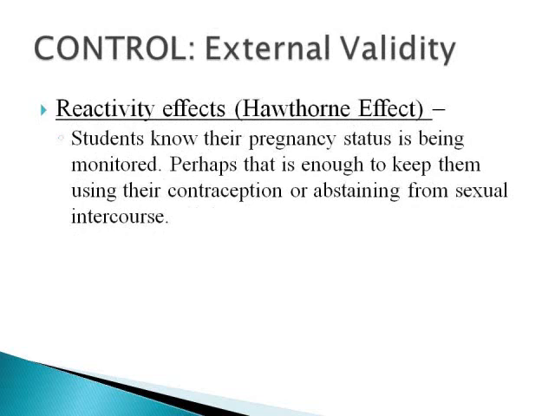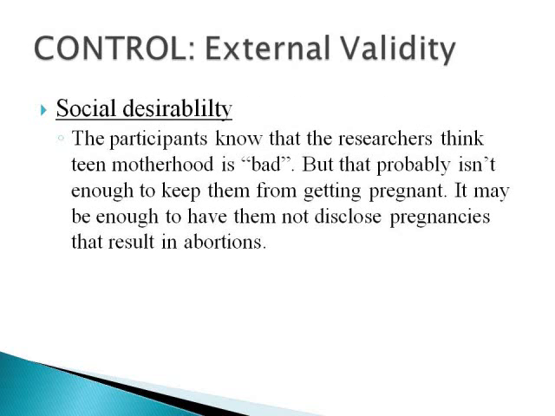So, what are other threats to external validity? Well, we've got the reactivity effects, the Hawthorne effect. Students know their pregnancy status is being monitored. Perhaps that's enough to keep them using their contraception or abstaining from sexual intercourse. Social desirability.